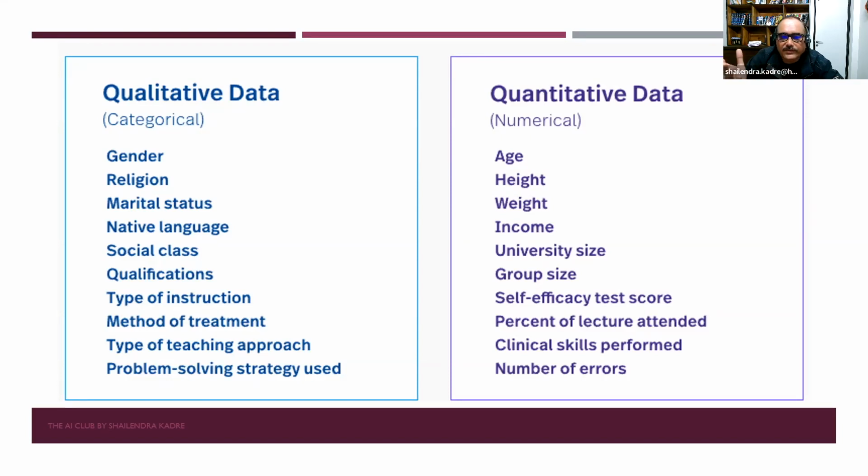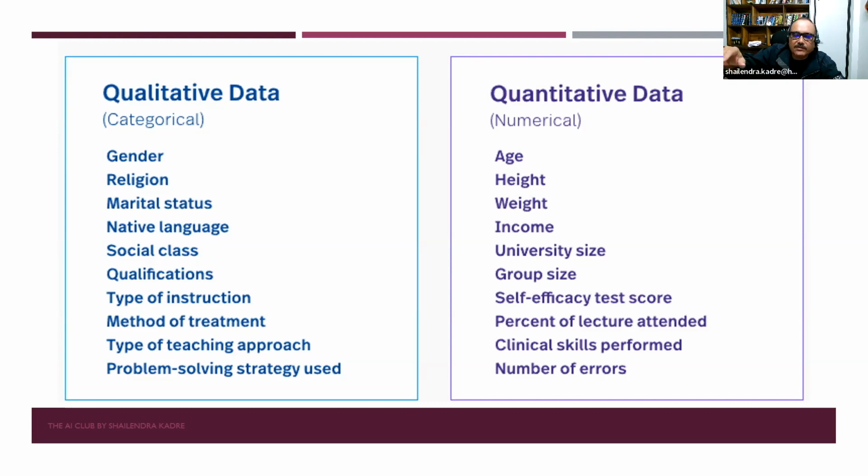Quantitative means what? Age 52 years, height 175 centimeter, weight 120 pounds, income $50,000 per year, university size 25,000 students overall, group size 120 people in the group, self efficacy test scores, like you have written one IQ test.